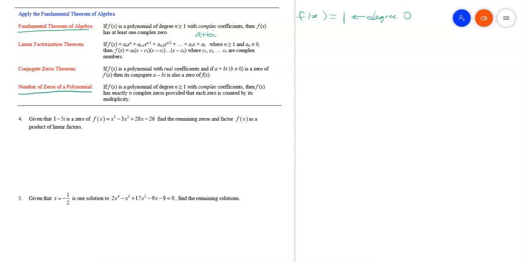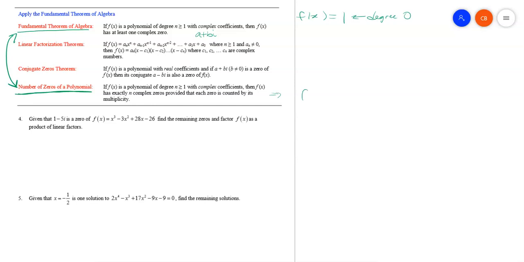This last one is not listed as a theorem, but it has to do with the number of zeros. This is actually an equivalent statement to the fundamental theorem of algebra. Sometimes the fundamental theorem of algebra will be given this definition, the way it is stated here: if you have a polynomial with a degree of n, and it has complex coefficients, so it also counts real coefficients, then for sure that polynomial function will have the same number of complex zeros as the degree.